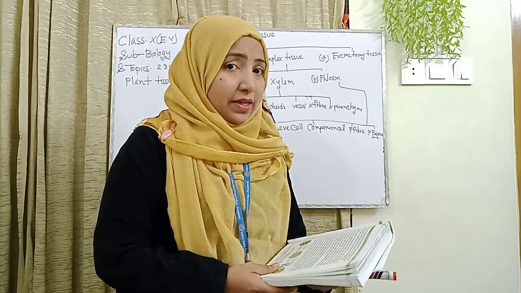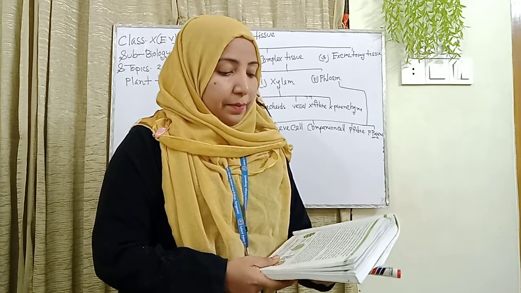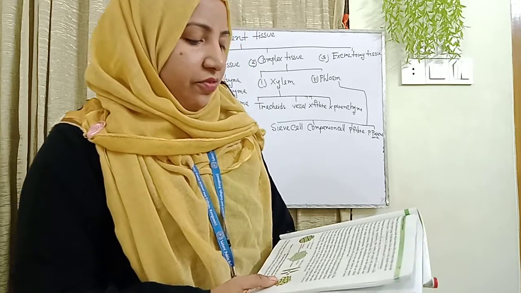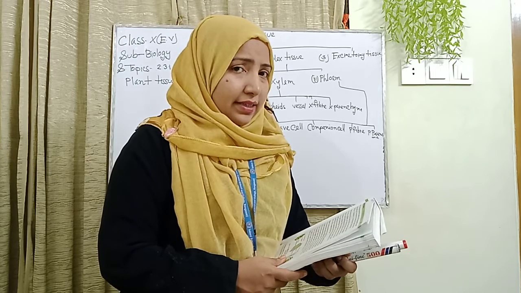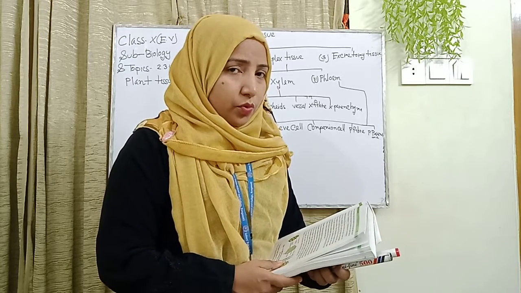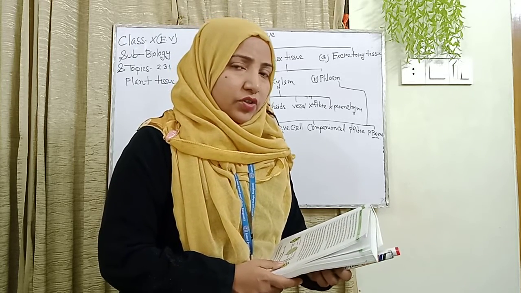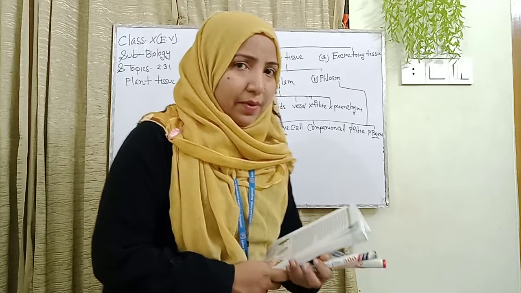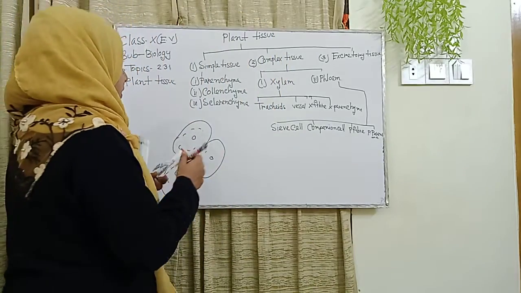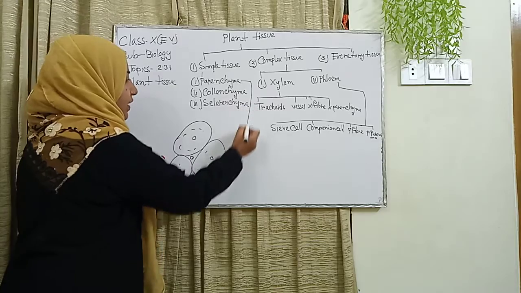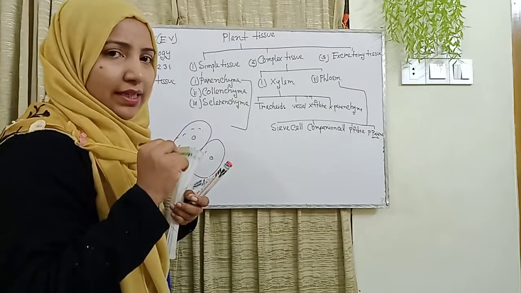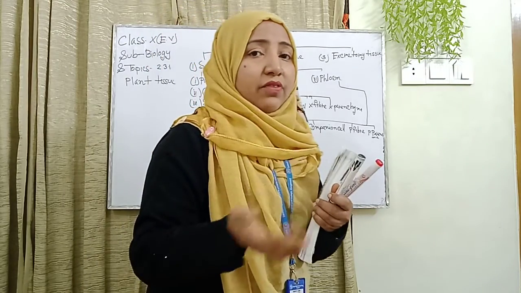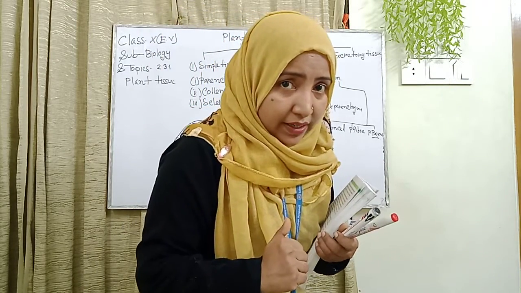I explained this to you before. The parenchyma cells with air-filled spaces are called aerenchyma, and when they are filled with chloroplast, another name is chlorenchyma. So parenchyma has two types. One type is chlorenchyma, when filled with chlorophyll.